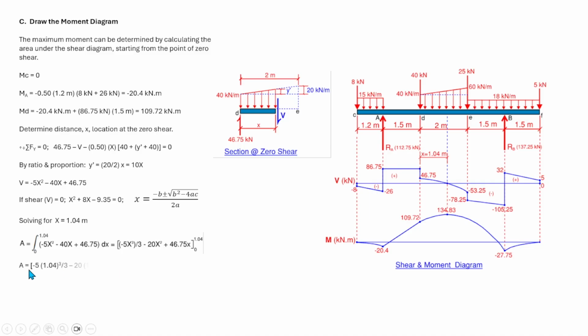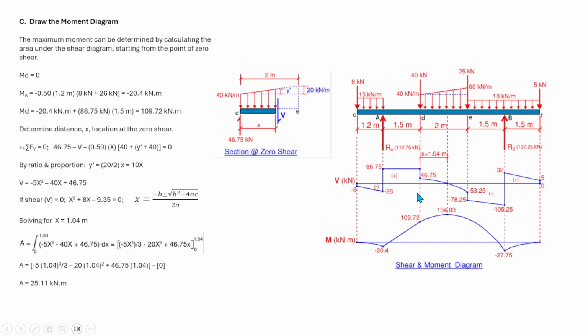So area is equal to minus 5 times 1.04 cubed over 3 minus 20 times 1.04 squared plus 46.75 times 1.04. So area is equal to 25.11 kilonewton meter.